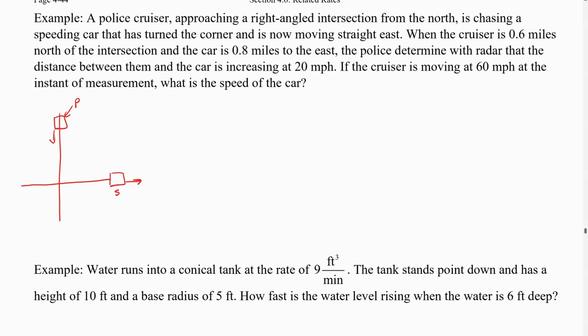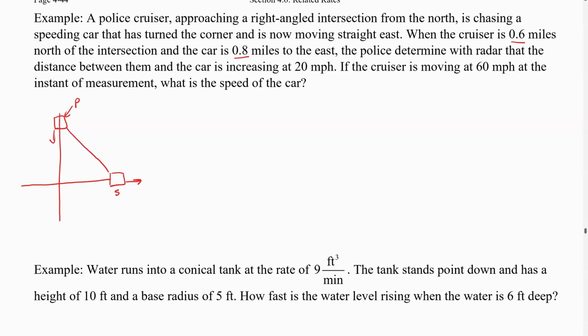Speeding car moving that way. When the cruiser is 0.6 miles north of the intersection and the car is 0.8 miles east of the intersection, police determine with radar that the distance between them is increasing at 20 miles per hour.